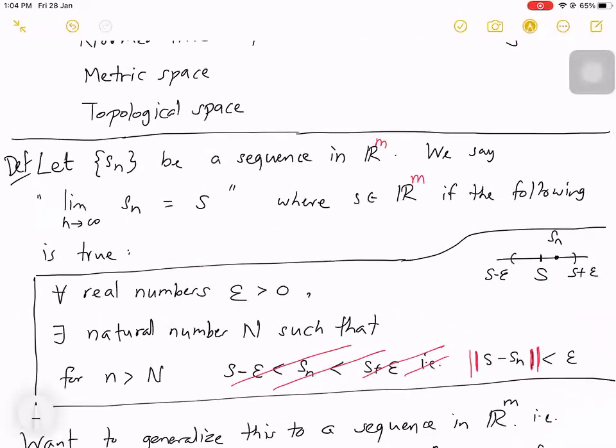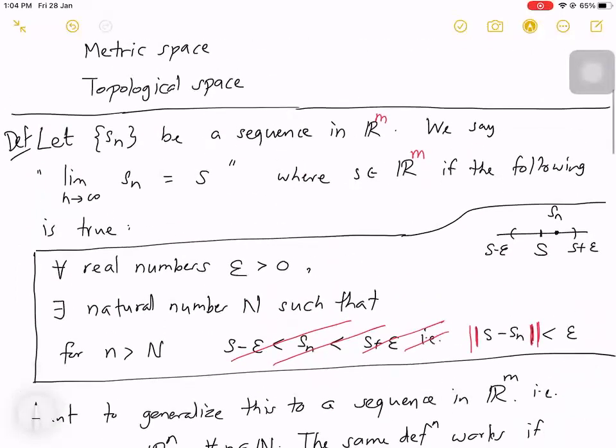This definition depended on, see these red vertical double lines, that could be any norm, and I can make the same definition of convergence with respect to that norm. So it might seem that if I take different norms, then I will get different notions of convergence, but that is not true. The notions of convergence are going to be absolutely the same.